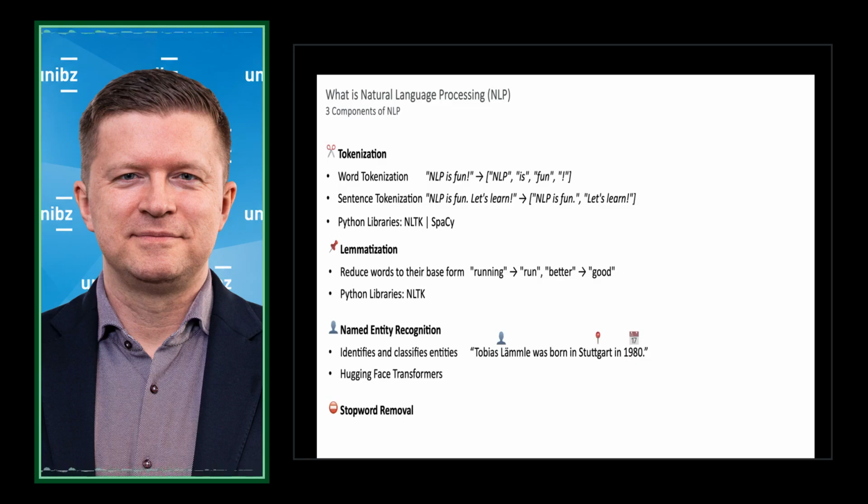We want to get rid of them to reduce noise in the data and improve our model performance. Example, again: "the weather is nice today" would be shortened to "weather nice today". That's all the information we need. Again, a Python library is there to help us, and it's again from NLTK, and this one is called stopwords, which we'll also see in action in a couple of minutes.